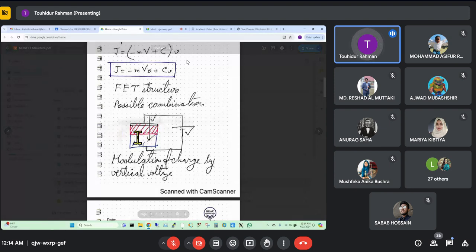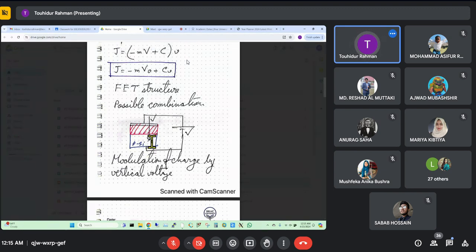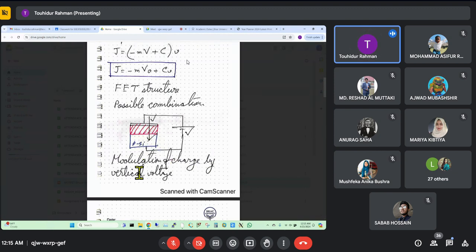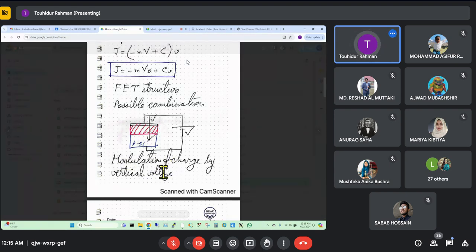If we have an insulator in between, what will be the current? If there is an insulator in the path of the current flow, the current will be zero because the insulator will not allow any current to flow. So we can modulate the carrier, but unfortunately we cannot flow the current. So this modulation has no use, no effect.